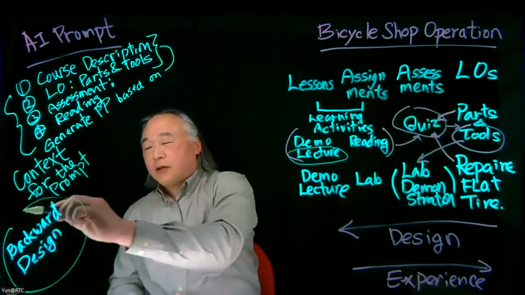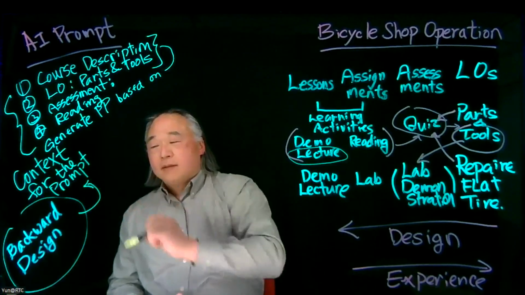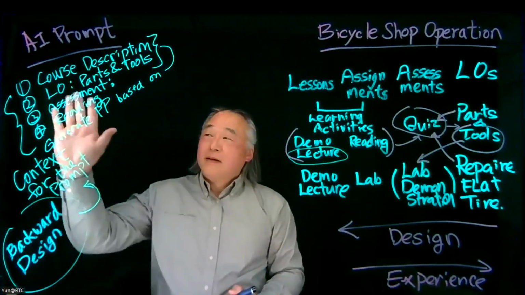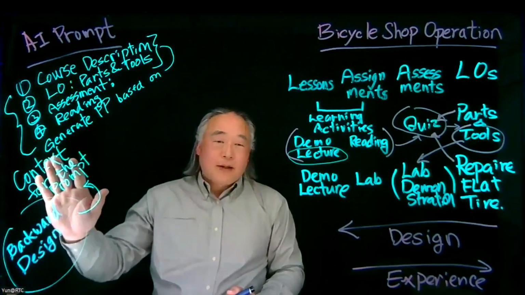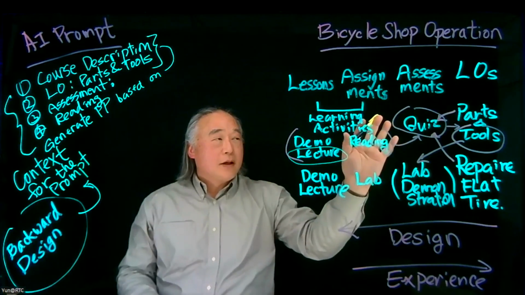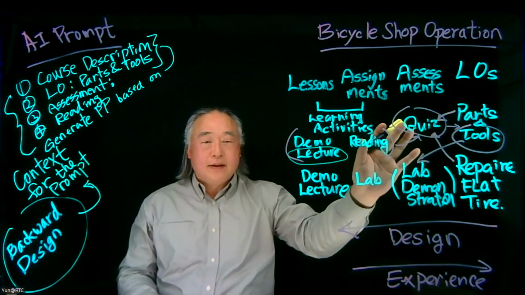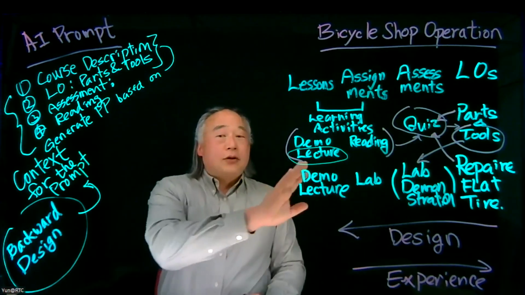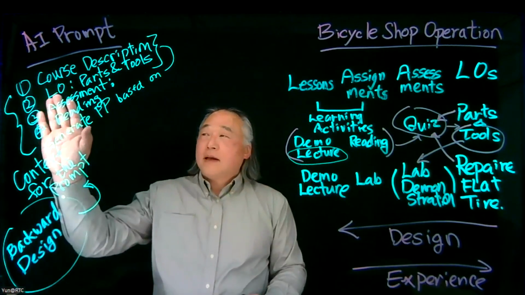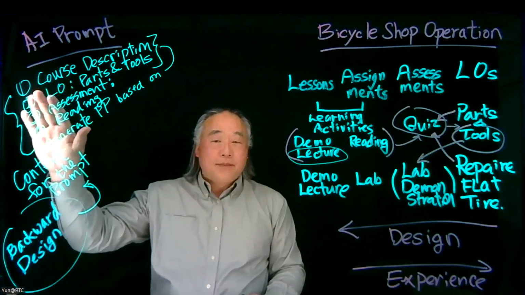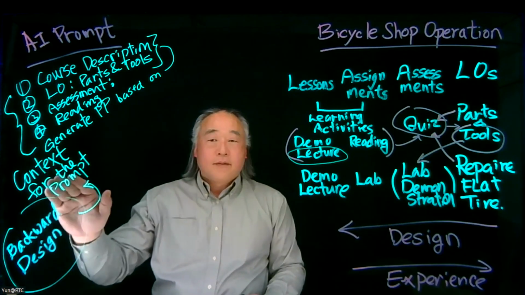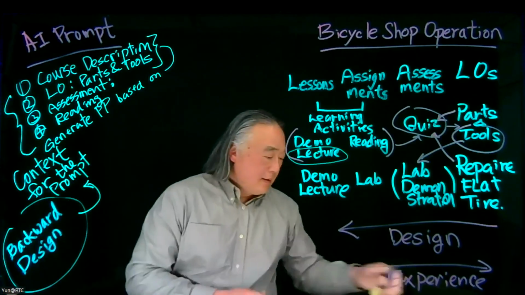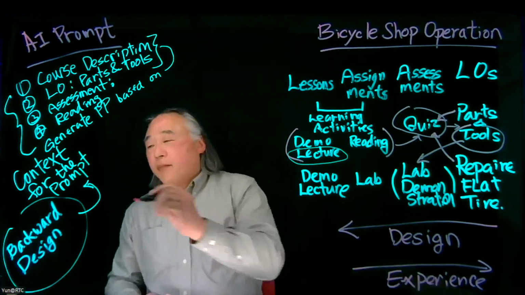That's all based on the backward design planning that you have come up with. And with that basic framework, meaning that you start in the backward design planning and have the details laid out, and use that content in the AI prompt to create a comprehensive context. That is the key point.